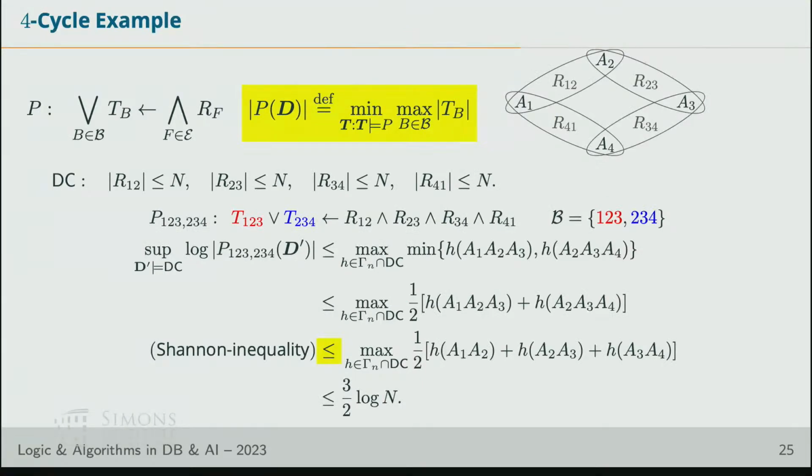So let me just go to the 4-cycle example and see how this bound works in practice. Yeah. So remember that one of the disjunctive datalog rules that we had from the 4-cycle example was this one, right? 1, 2, 3, 1, 2, 3, 4. So the bound says that the maximum size of the model in the worst case.